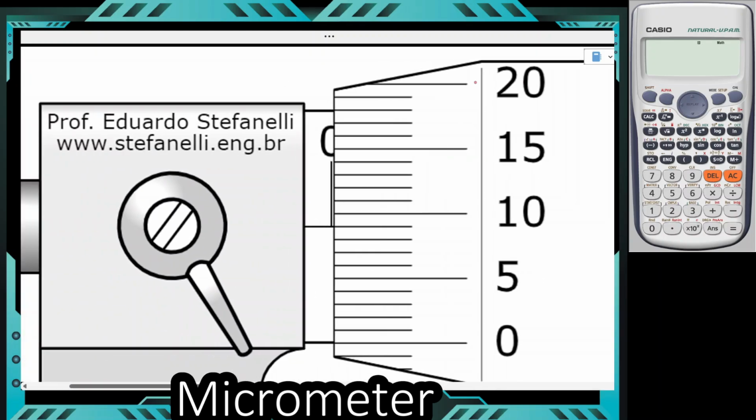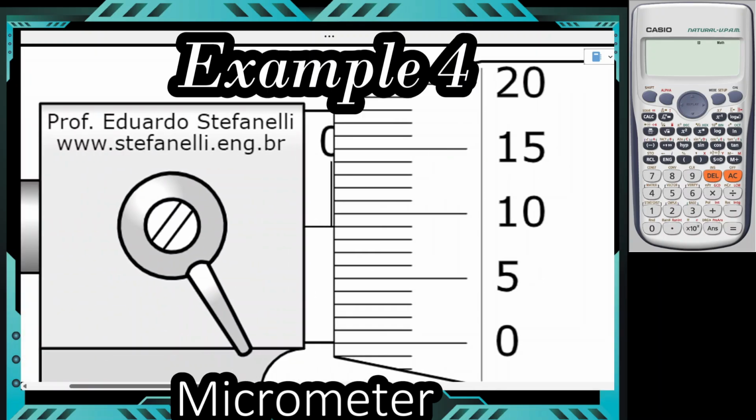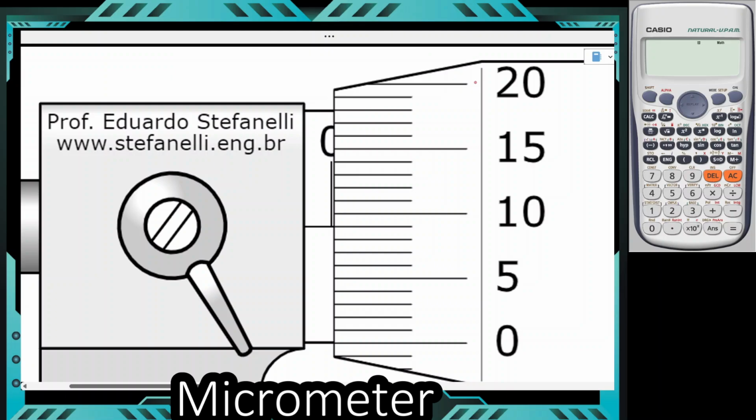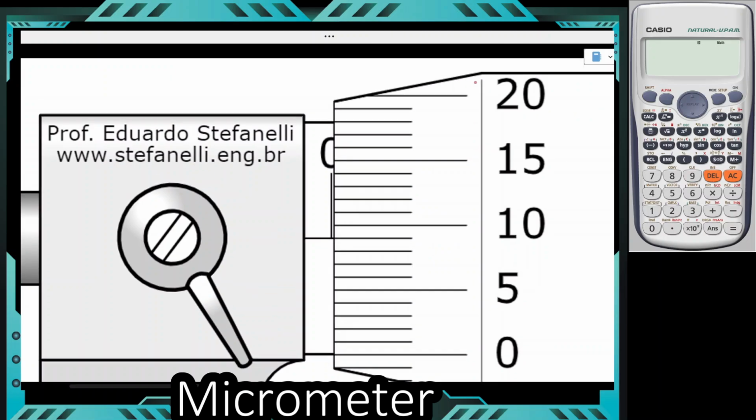Let's take a look at the next one. Now this one could be slightly tricky. You see, no line is being covered on the main scale except for the line 0. So the main scale reading in this situation is 0. MSR, the main scale reading is 0 millimeters. But then we have to look for the line that matches this line from the circular scale, and that is line number 9.